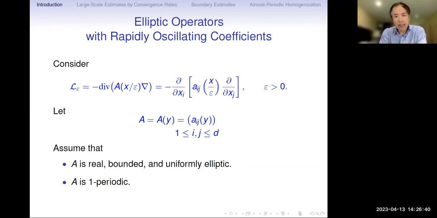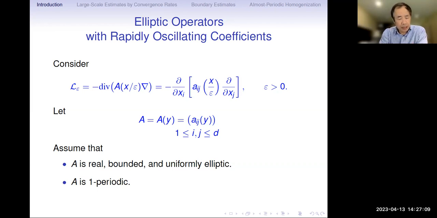So we consider a family of elliptic operators in divergence form. Just for the simplicity of presentation, I'm looking at the scalar case, but everything I mentioned today works for elliptic systems and also parabolic systems.